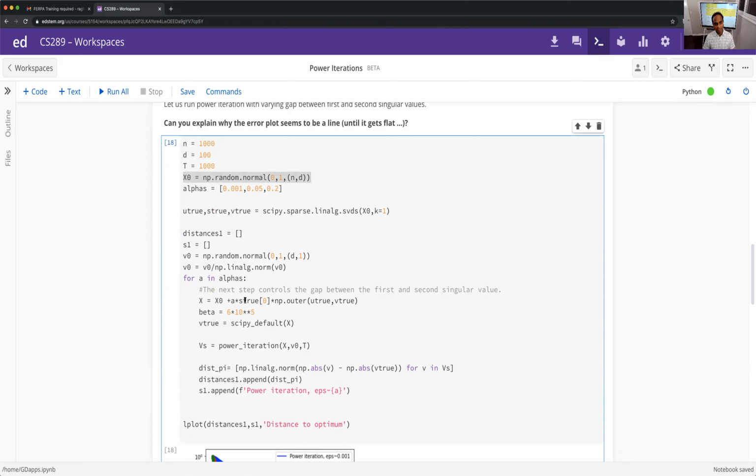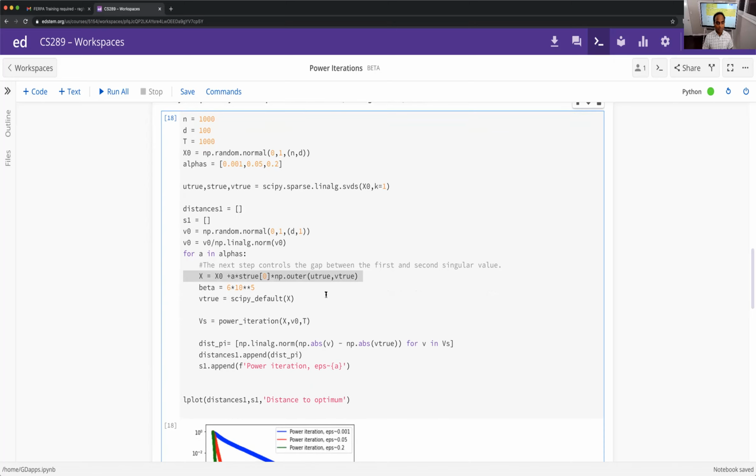And don't ask me exactly why this would work, but basically what I'm doing here is computing the top singular vectors using the inbuilt function, and then nudging the original matrix by adding a small multiple of u1 v1 transpose, so that the top singular value increases a little. So the top one increases, the rest stays the same, so you're increasing the gap. And this number alpha qualitatively controls how much gap there is.